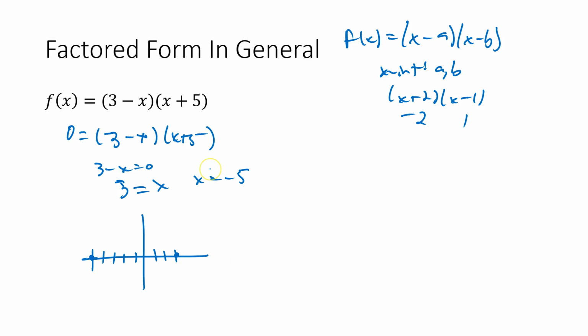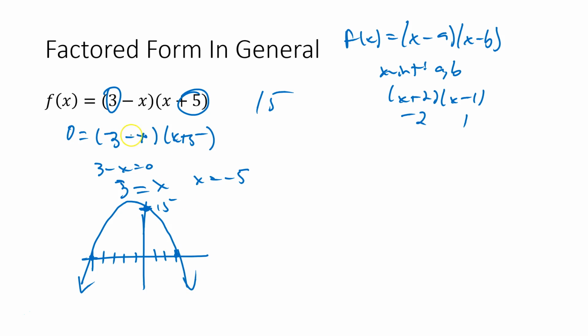And then we can find our y-intercept as well by multiplying our two values here. Because when we FOIL this out, you could FOIL it all the way out if you wanted to, but what your constant term is going to end up being is 3 times 5, which is 15. So 15 is way up here somewhere. Let's say it's right there, though, just for our purposes here. And if 15 is up there, we have the intercept up there, so it must come up like this and then come back down like that.